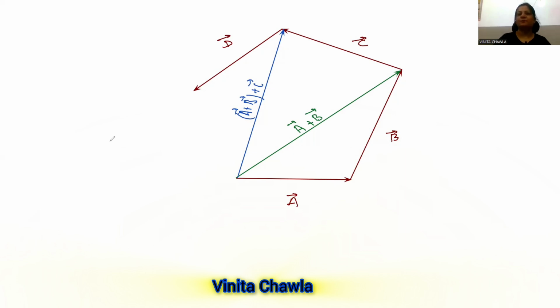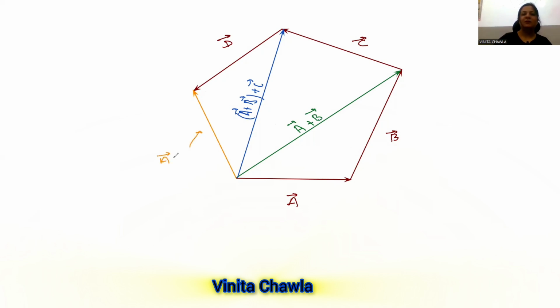Any doubt? All right. Now let's take this vector, A plus B plus C, and vector D. Again, we can apply the triangle law of vector addition. So on applying the triangle law of vector addition, we'll get this vector. We are considering these two vectors, A plus B plus C and D. So what is the resultant of these?